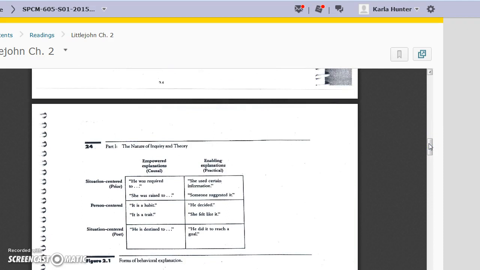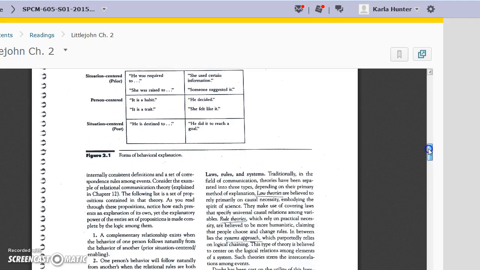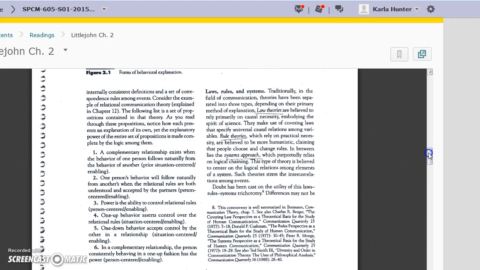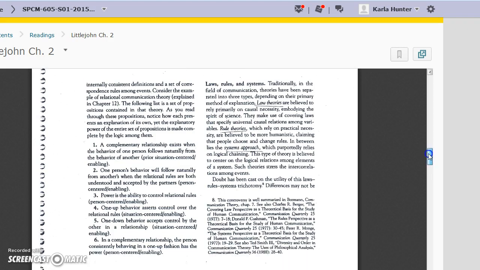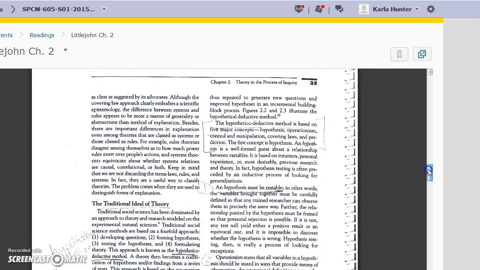If I were you, if any of these readings, this one I would print out and I would write in the margins. Some people call it marginalia. That's what really a lot of graduate students do to help organize and help expedite so much reading. This part about laws, rules, and systems is something that will come into play very heavily and be very important.